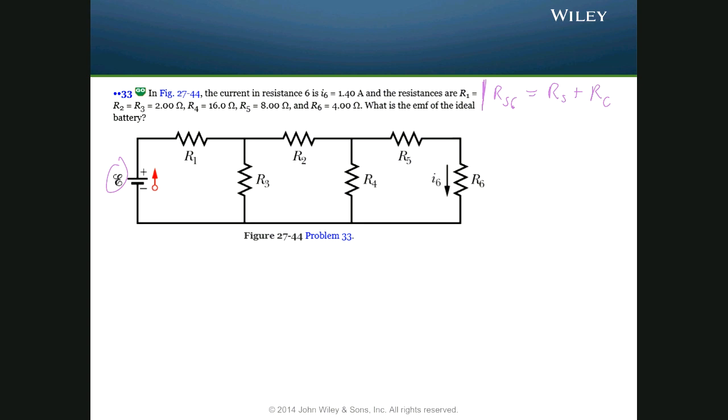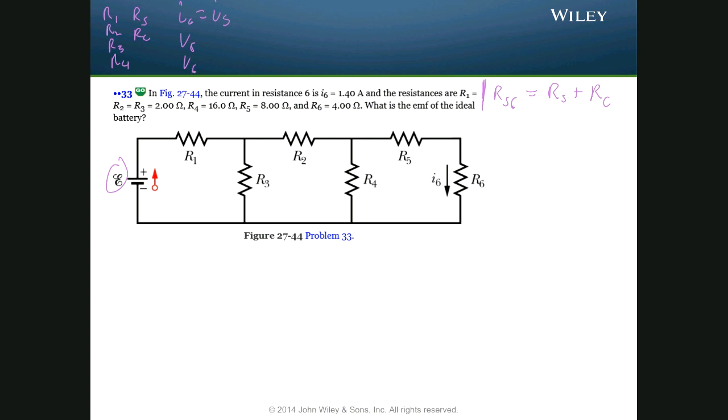We know all the R's. These are given in the problem, right? And we know I6. And basically, we know that I6 is equal to I5 because they're in series. So that will help us get V5 and V6.